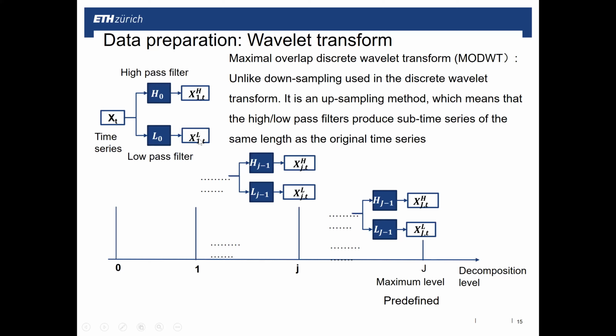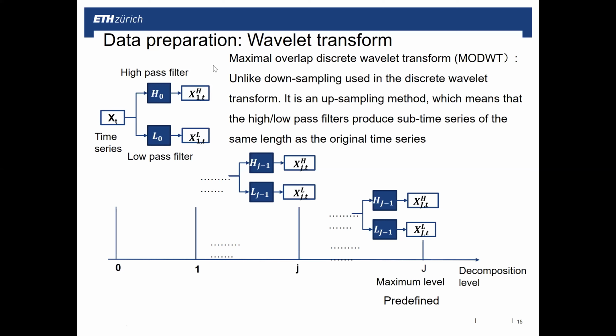The difference between the maximal overlap discrete wavelet transform and the original discrete wavelet transform is that it uses an upscaling method every time the time series goes through the high pass filter or the low pass filter. That means the sub-time series we get after the filters have the same length as the original time series.